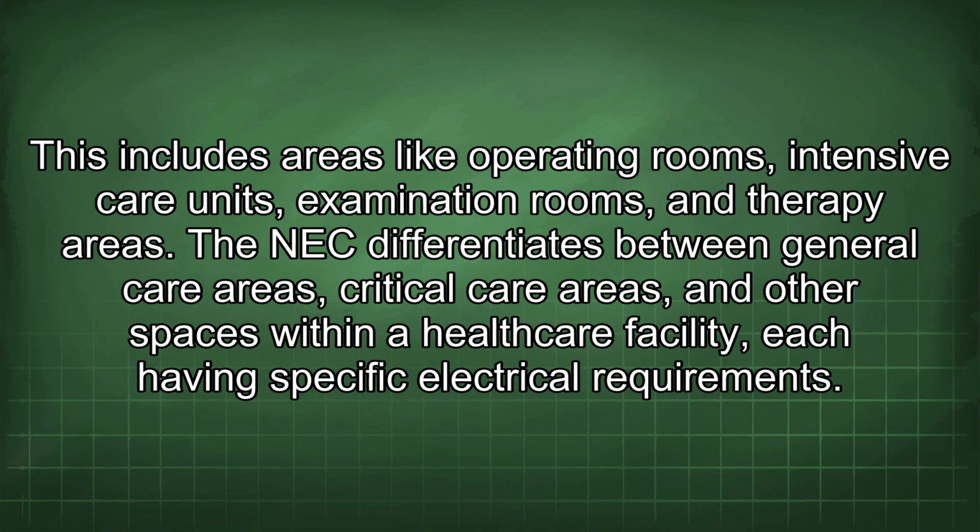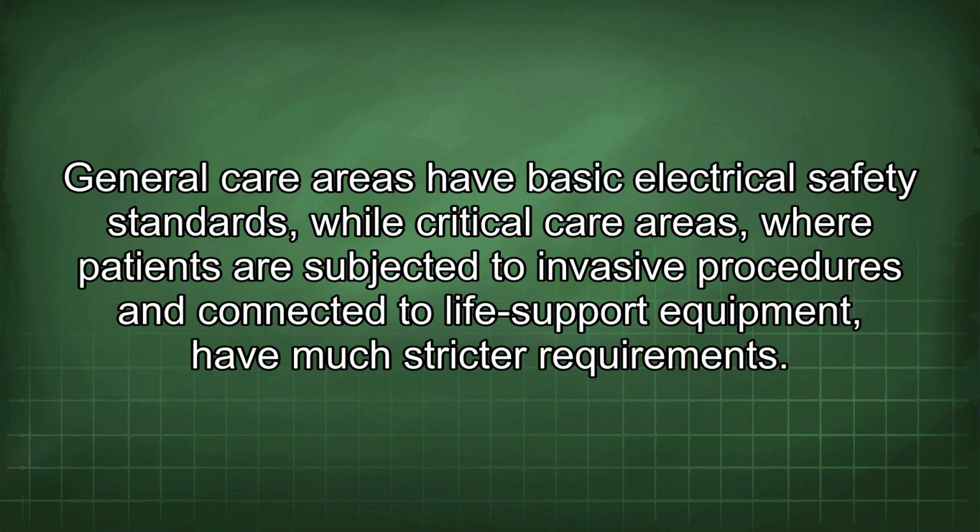The NEC differentiates between general care areas, critical care areas, and other spaces within a healthcare facility, each having specific electrical requirements. General care areas have basic electrical safety standards, while critical care areas, where patients are subjected to invasive procedures and connected to life support equipment, have much stricter requirements.